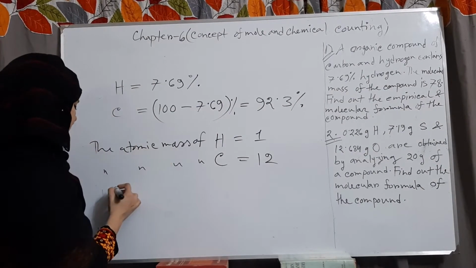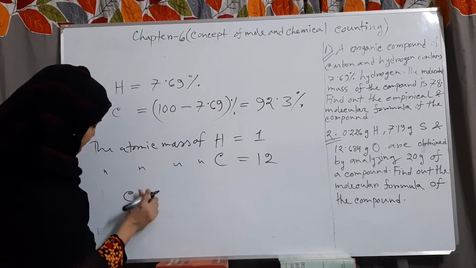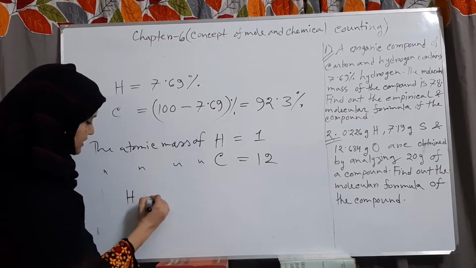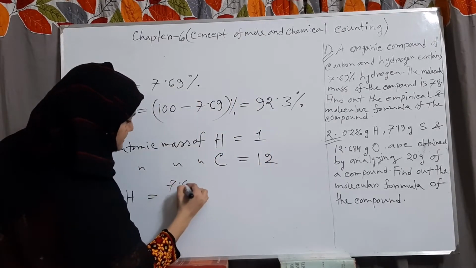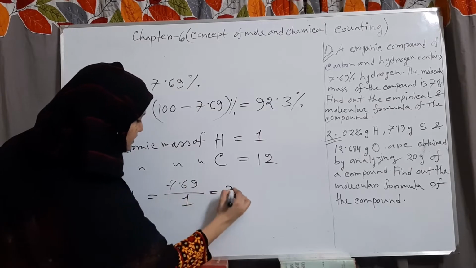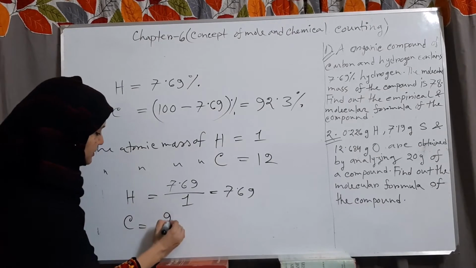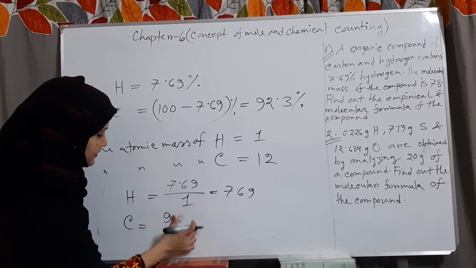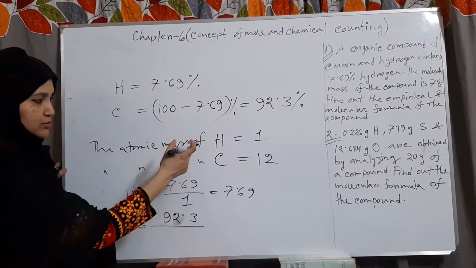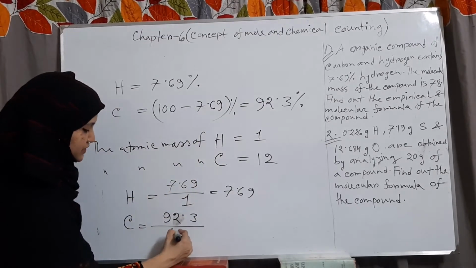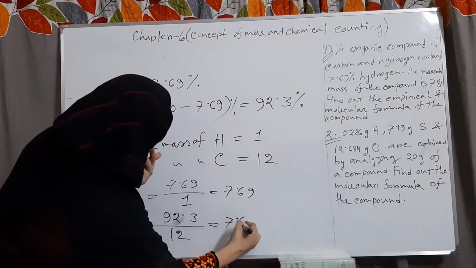Now the second step is we have to divide. For hydrogen, 7.69 divided by 1 is equal to 7.69, and for carbon, if we divide 92.3 by the atomic mass of carbon, which is 12, then we get the same amount.